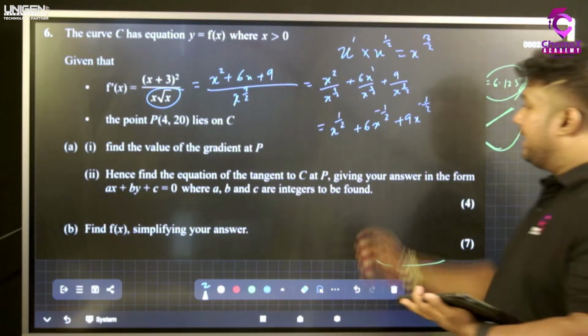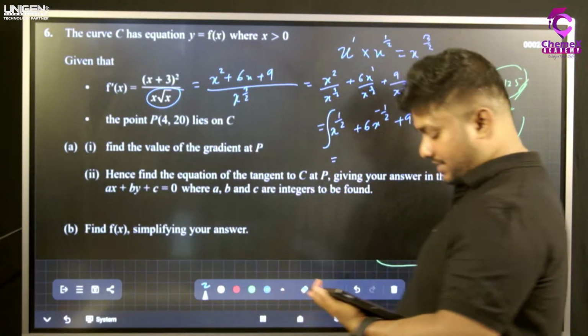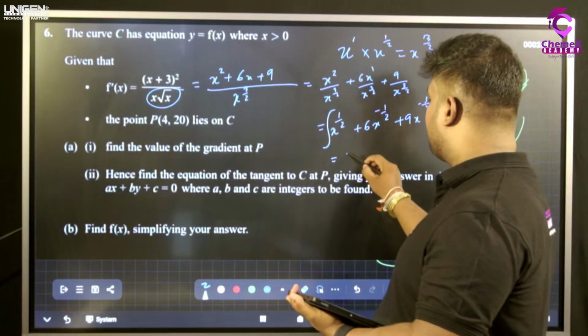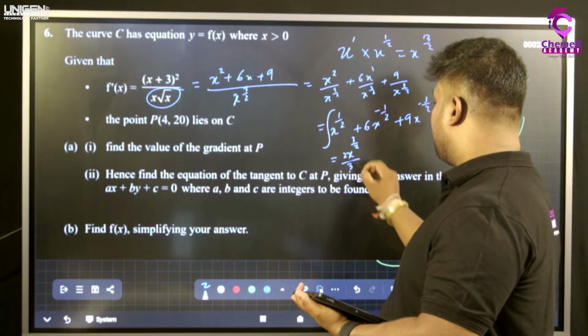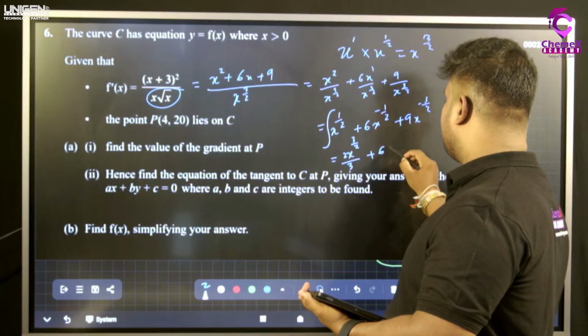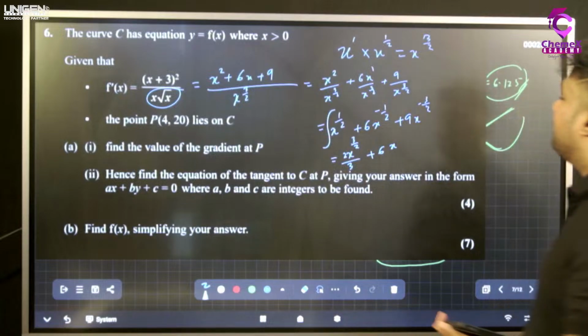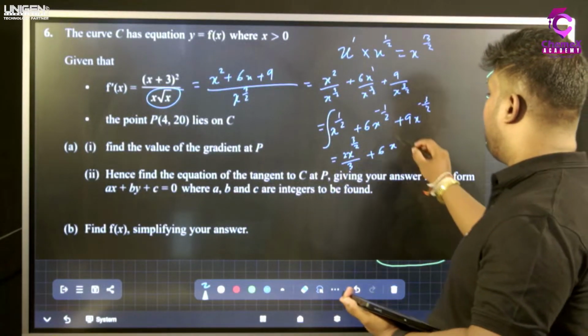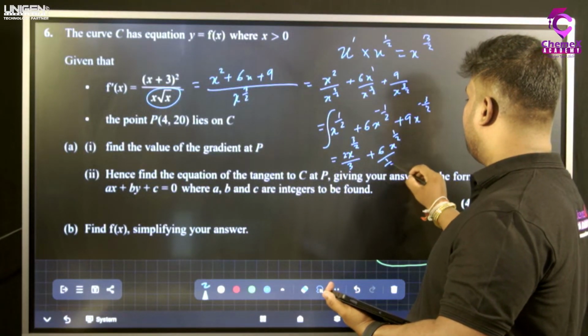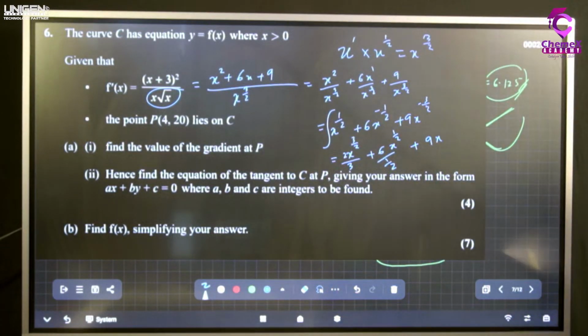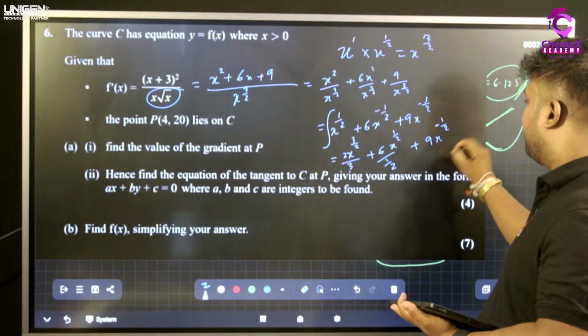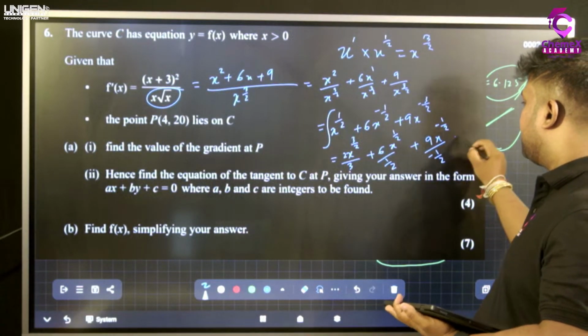Okay, now integrate. What do you get when you integrate? x to the power 3 over 2 divided by 3 over 2, which is 2 over 3, plus 6x to the power half divided by half, plus 9x to the power minus half divided by minus half, plus c.